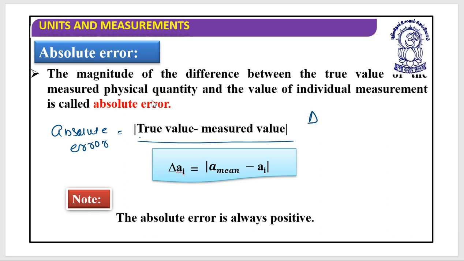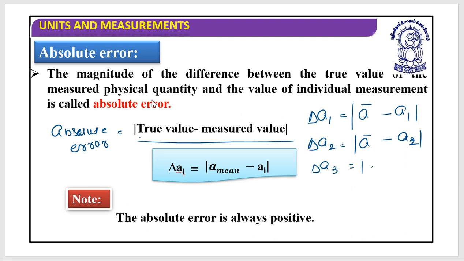So if you want to write delta A1, the absolute error in the first observation, you write A bar, the A average, minus A1, the first measured value. Delta A2 is A bar minus A2. Delta A3 is A bar minus A3. And so on, delta AN is A bar minus AN. This is the absolute error in each observation.